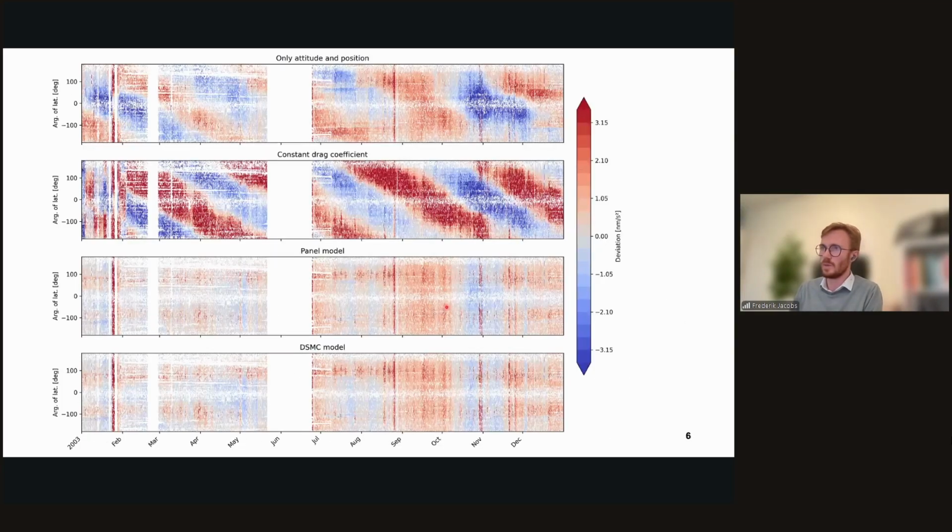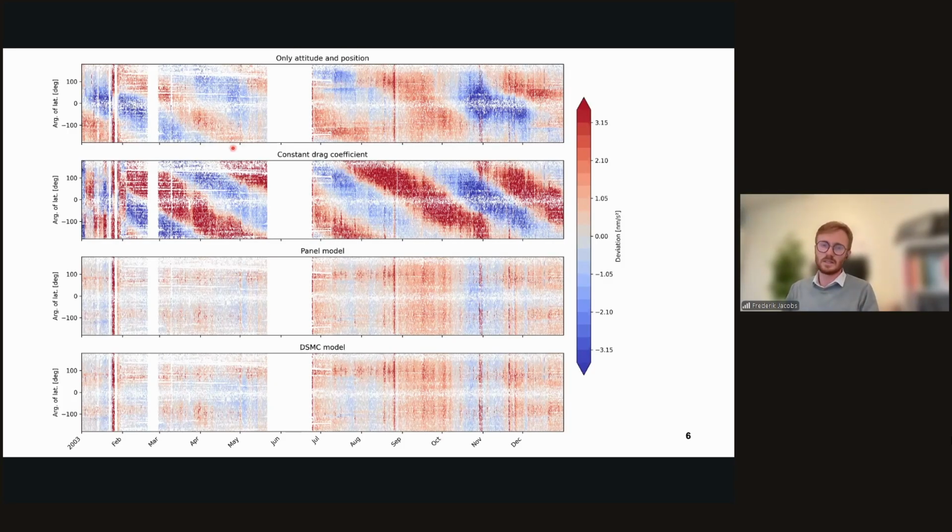Now we want to compare the quality of the transplant. This is done through these plots. What you see here is the time on the horizontal axis, and the argument of latitude on the vertical axis. You see four different plots. The three bottom ones are the different models: constant drag coefficient, panel model, and DSMC model.